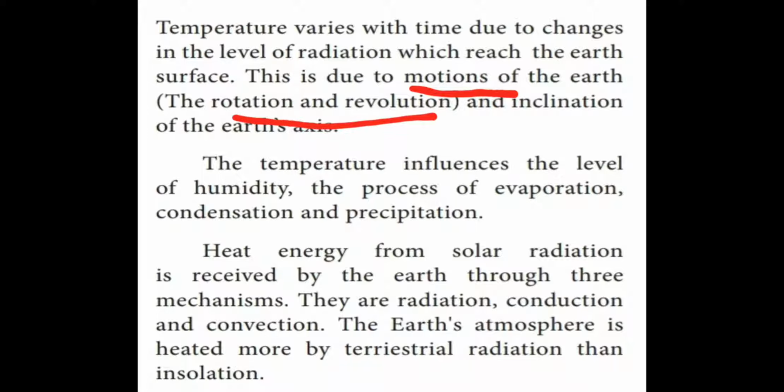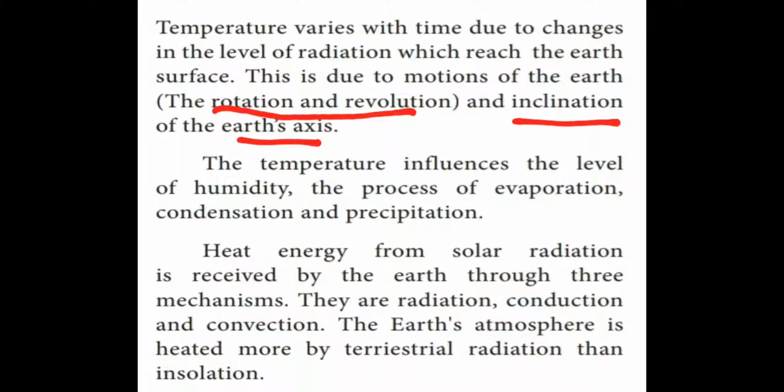Rotation and revolution are called the motion of the earth. Motion of the earth is nothing but rotation, revolution and inclination of the earth's axis. Got it? Yes.